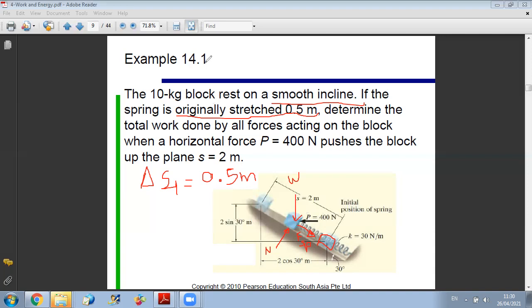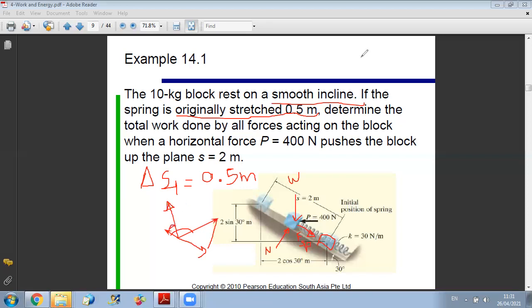So if this is the displacement and this is the force, then the angle between them will be larger than 90, and then the projection will be negative, and it will do a negative work. While for angles between the force and the displacement between 0 and 90, work will be positive.